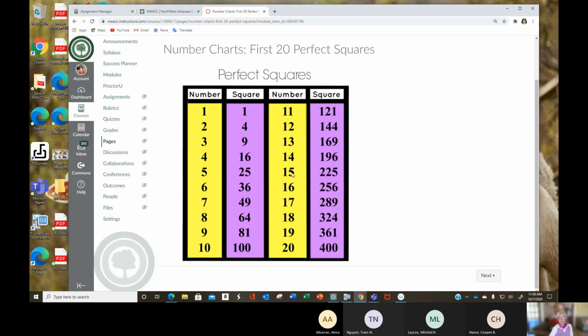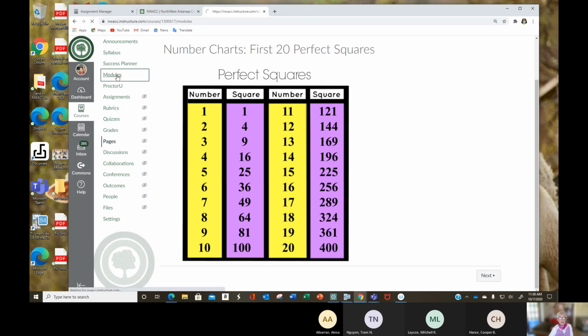So for instance, if you square 15, you get 225. If you square 16, you get 256. If you square 6, you get 36.